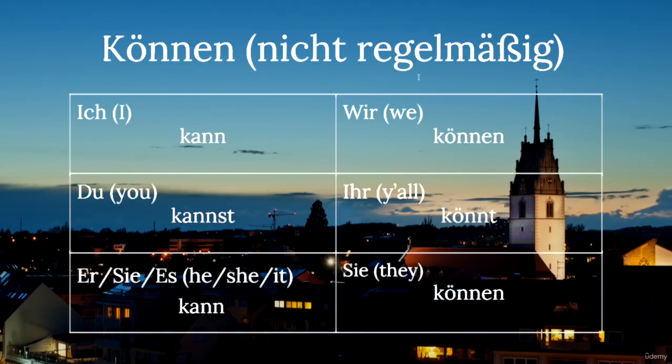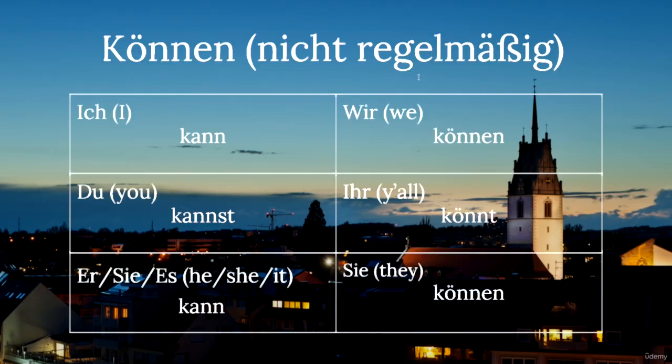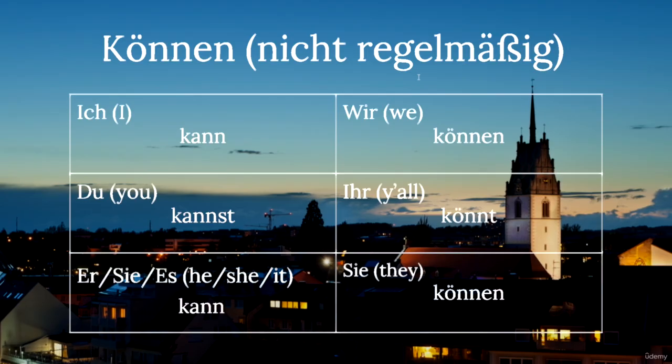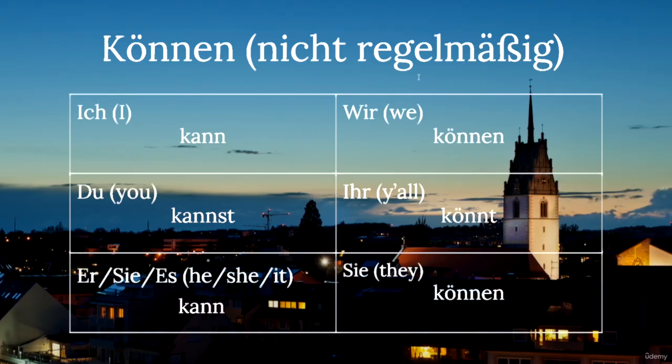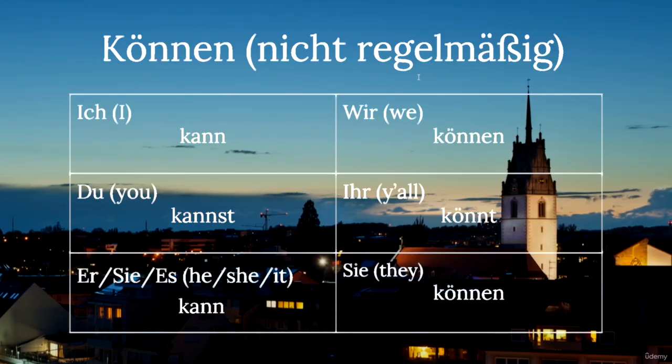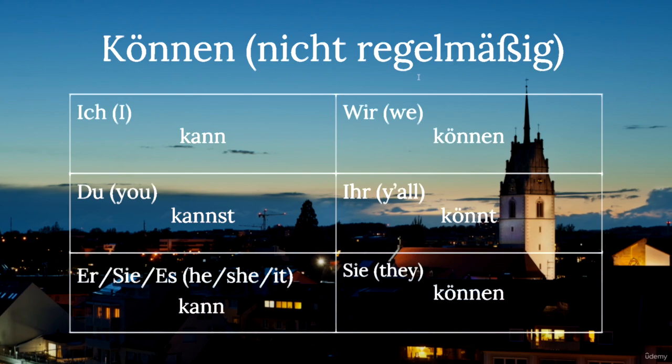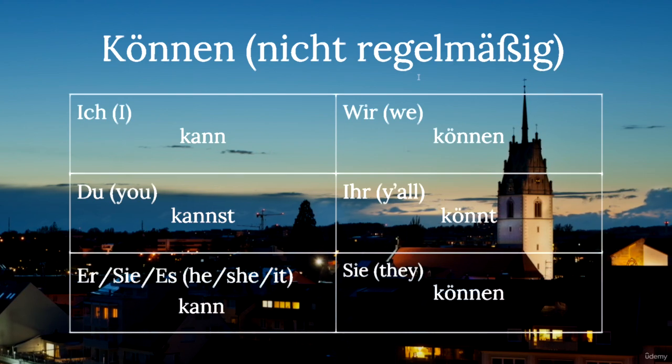The verb können is not regular as well. But with this verb, you have to change the first three forms. Ich, du, and er, sie, es. The other three stay the same. Ich kann. Du kannst.